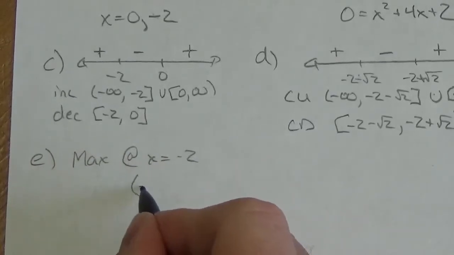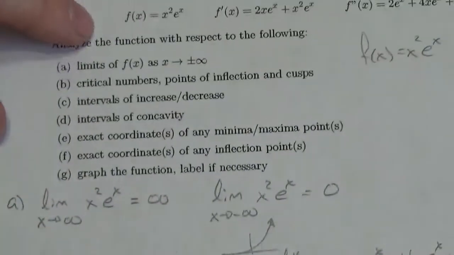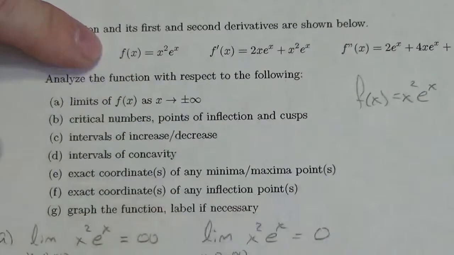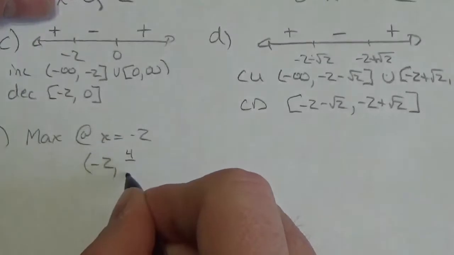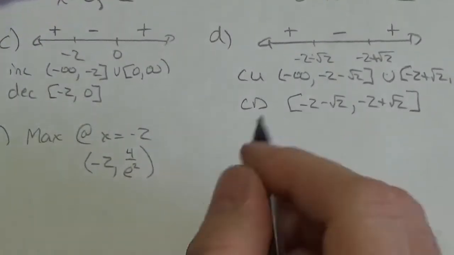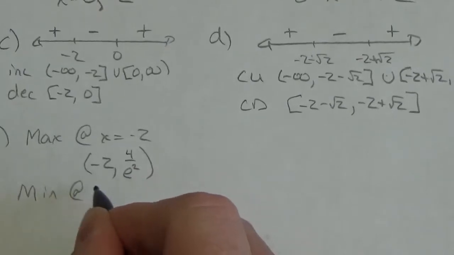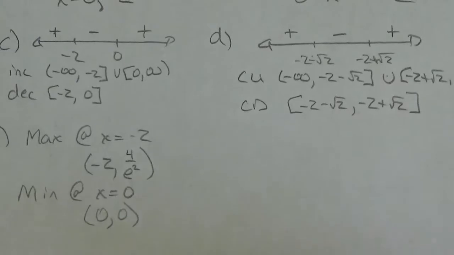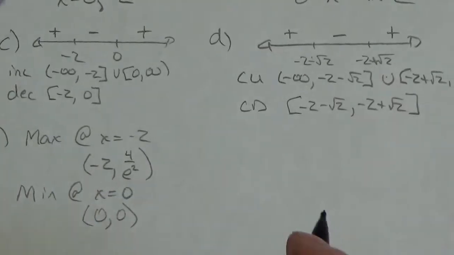If I plug that into my original, negative 2 squared is 4, e to the negative 2 will just be 1 over e squared. So this will be 4 over e squared, giving negative 2 comma 4 over e squared. And I will have a min at x equals 0. That's just going to be 0, 0, since there's an x squared out in the front.